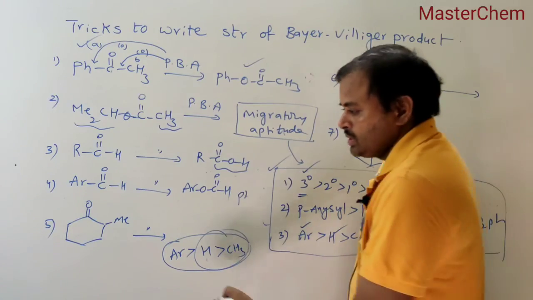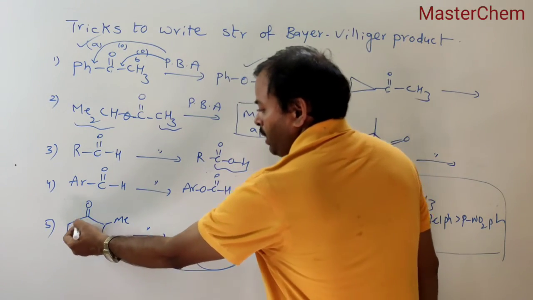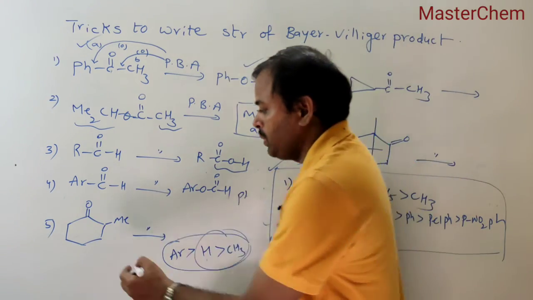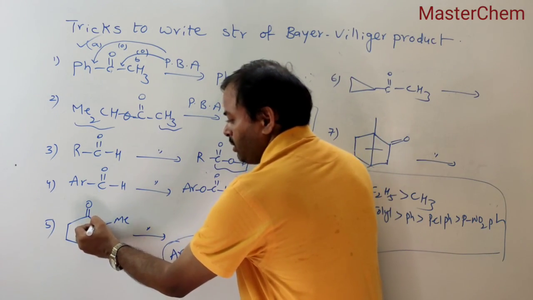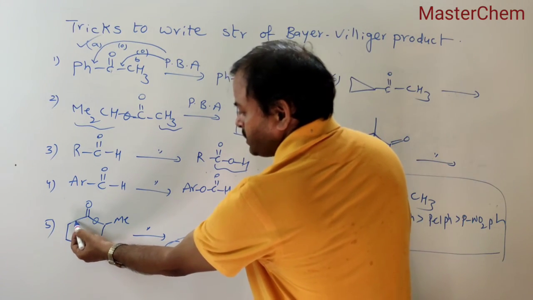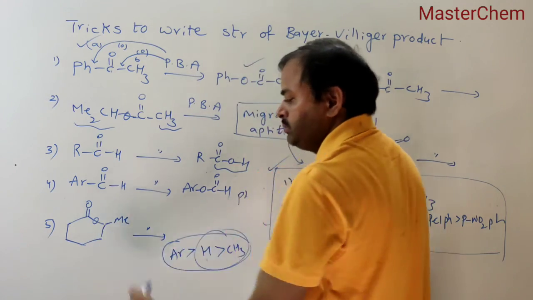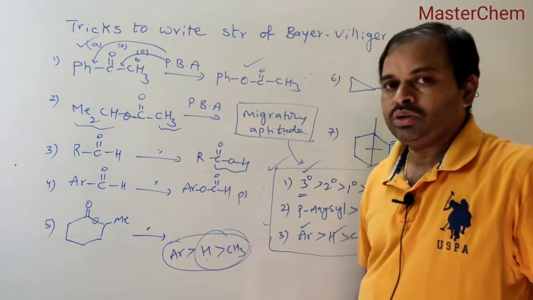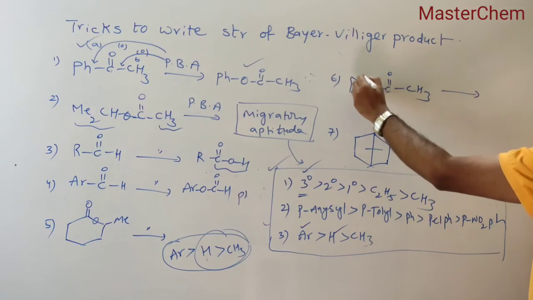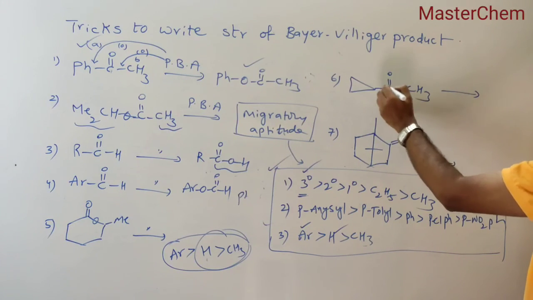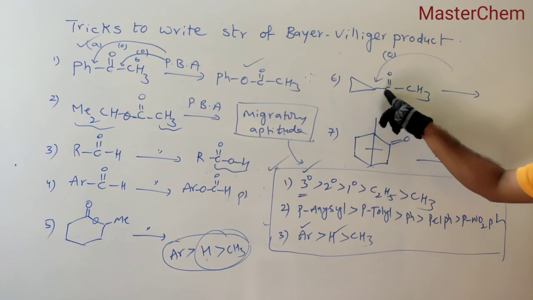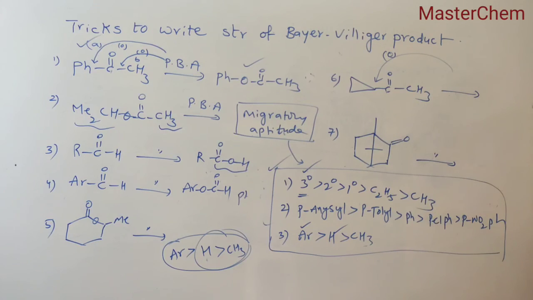Now here this is a simple CH2 group but here CH3, so insert oxygen on the bulkier side. Inserting oxygen here is the minor product, and inserting it there is the major product. Here there is a cyclopropane, the bulkier group, and here a methyl group, so insert oxygen on the cyclopropane side; that is the major product.